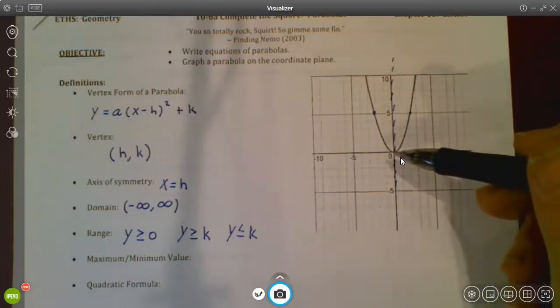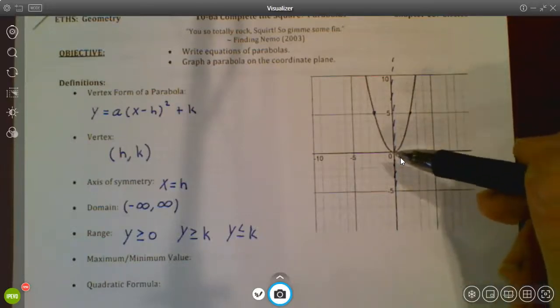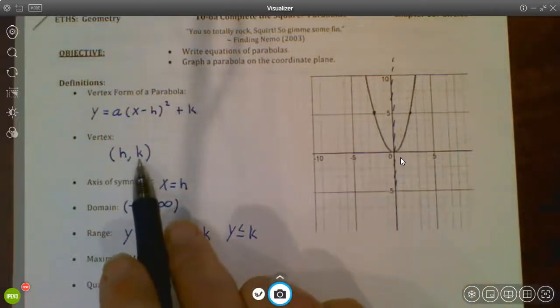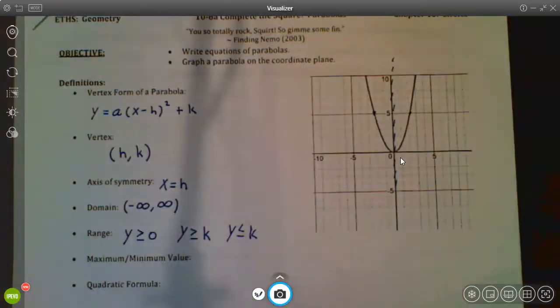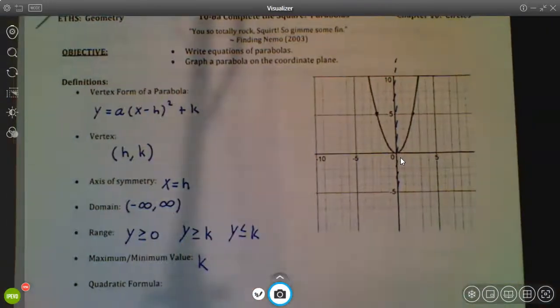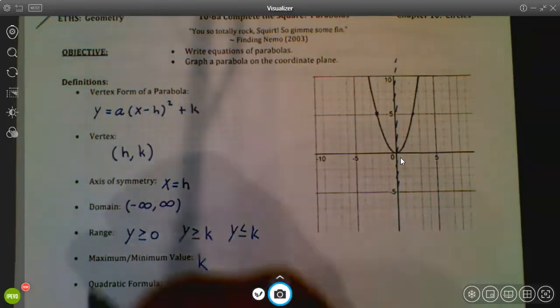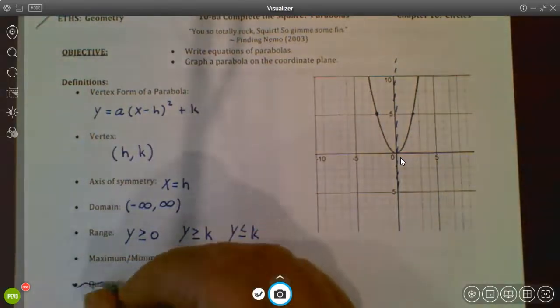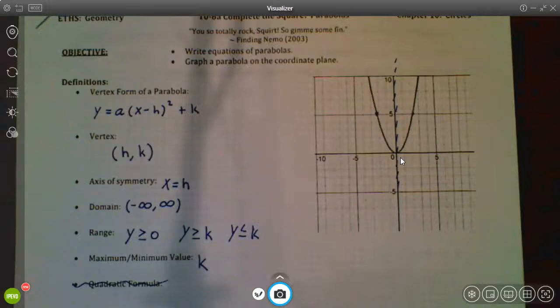Okay, so if I look at my vertex, whatever that y-coordinate is, which is my k value, is going to tell me whether I'm looking at the maximum or the minimum value. So we're just going to identify that it's going to be the value of k, whatever that is. And then we're not going to get into quadratic form in this unit. We're just going to stick with those for a minute.